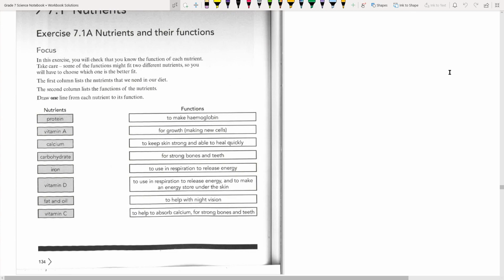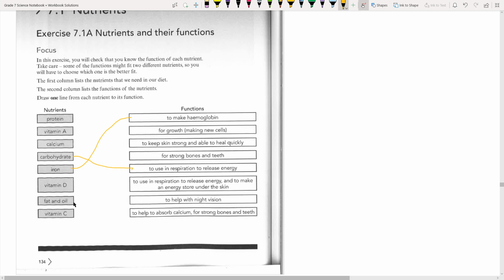Just to be clear, I'm just going to make raw connections to help you understand which goes where, right? So we need iron to make hemoglobin, right? We need carbohydrates for respiration, right?